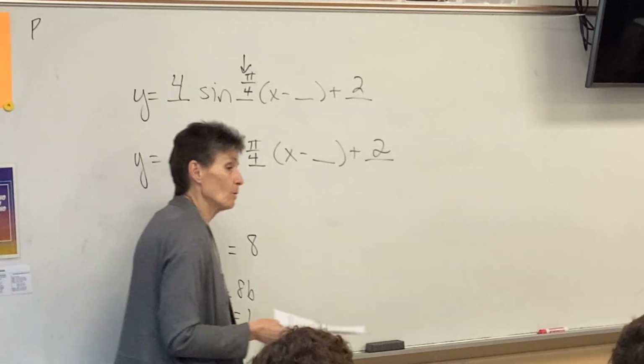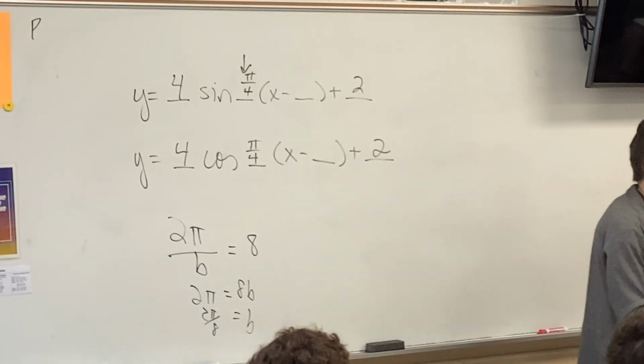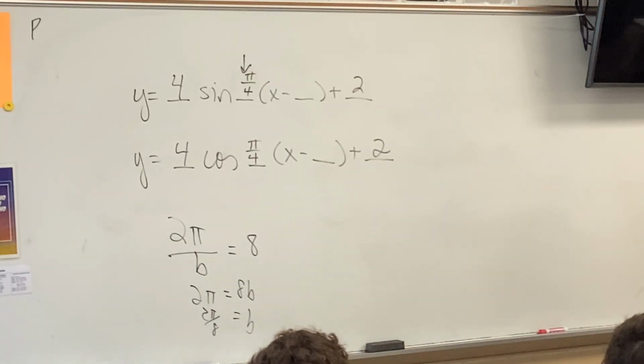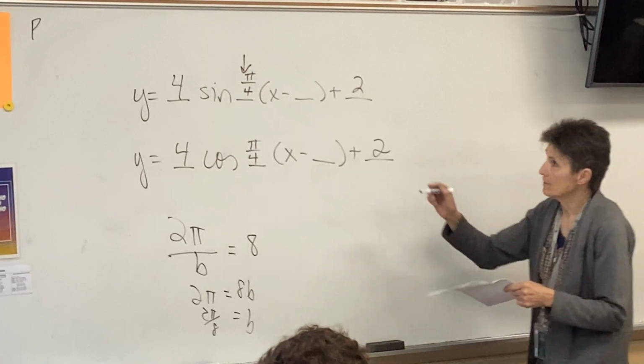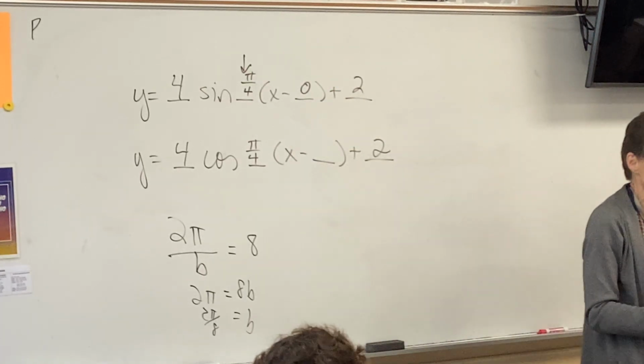Now we just gotta figure out, okay, where am I looking? If this is a sine curve, it's starting on the midline, right where it should be starting. So if this is a sine curve, one option would be to not have any phase shift at all.